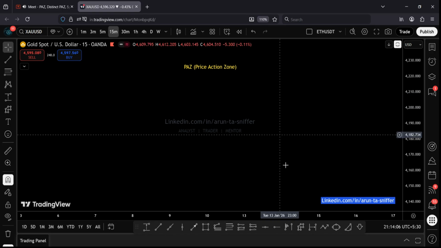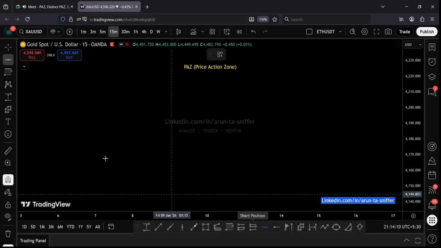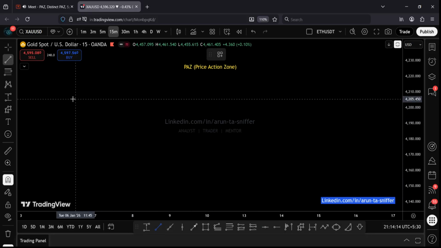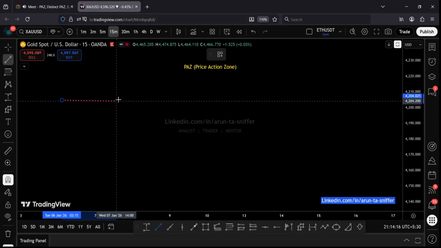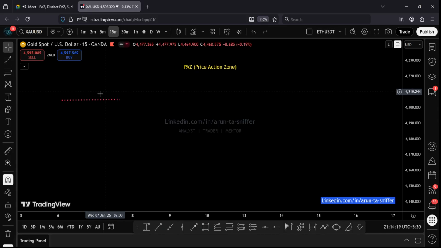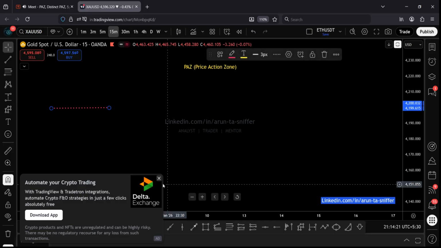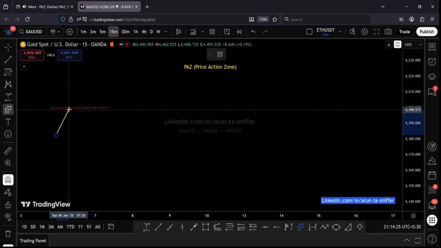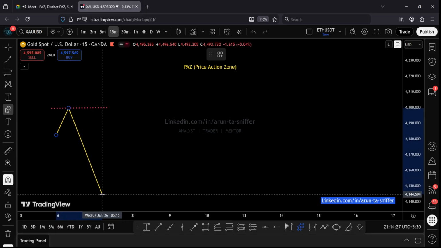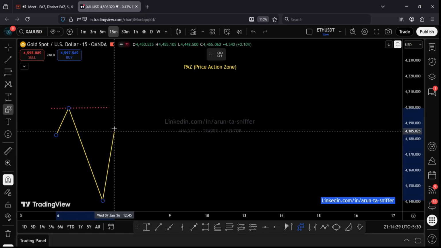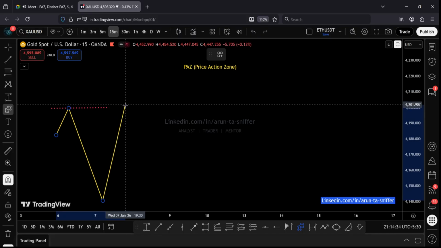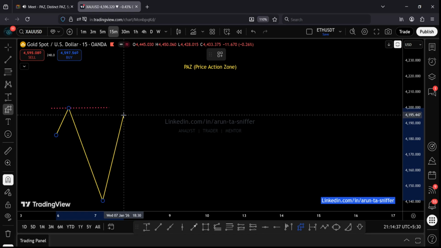Okay, so think like this. There is a level, or let's draw it clearly like this. Price has gone up, goes down, then price goes up. To break this, what will happen?